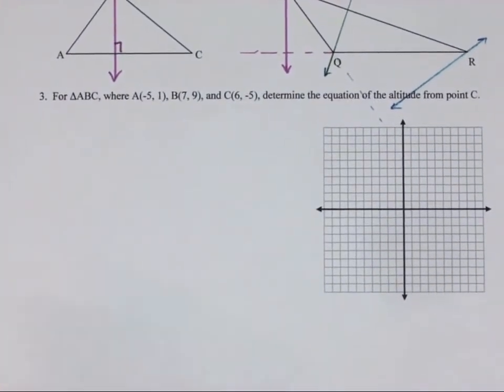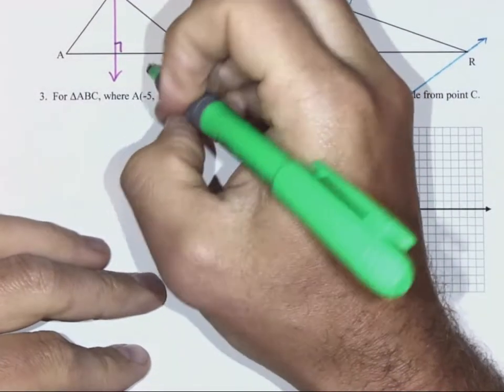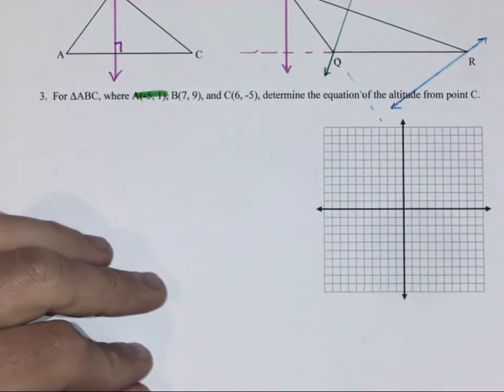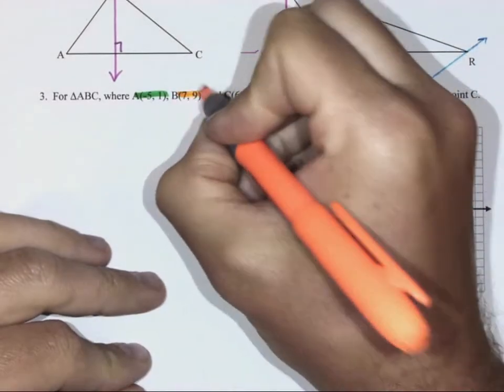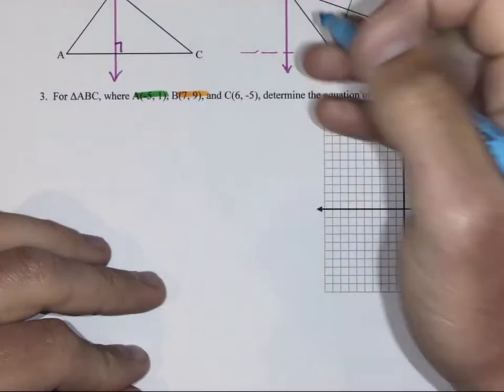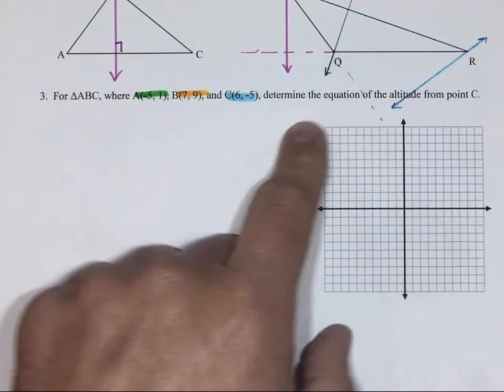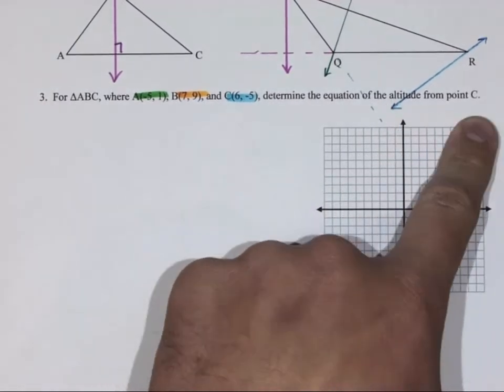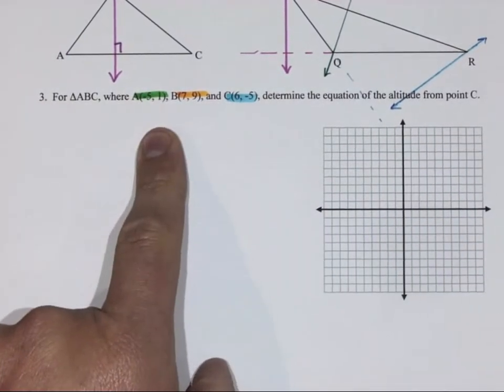So let's look at determining the equation. Same as we always do. For the triangle ABC, we've got vertex A, vertex B, and vertex C. Determine the equation of the altitude from point C. Let's plot those points.